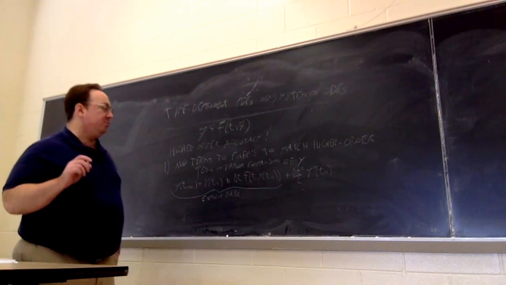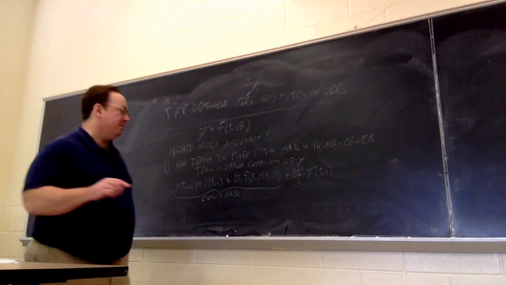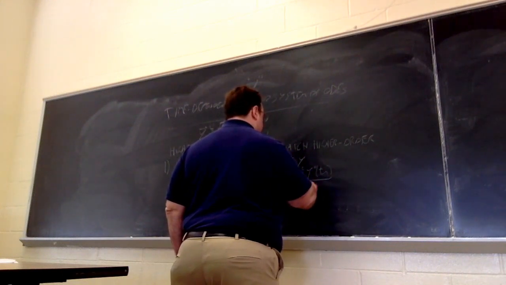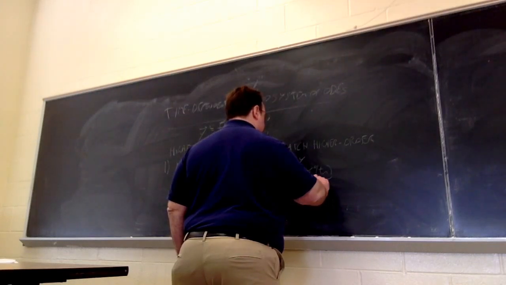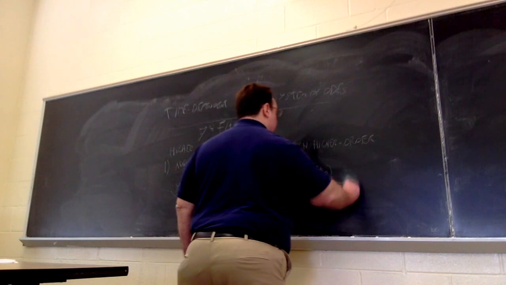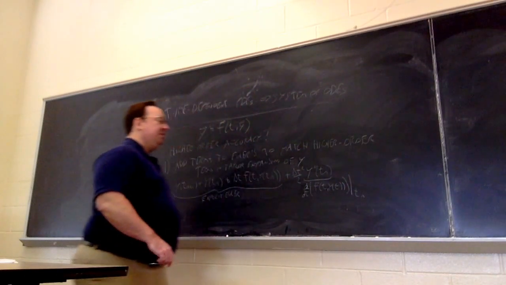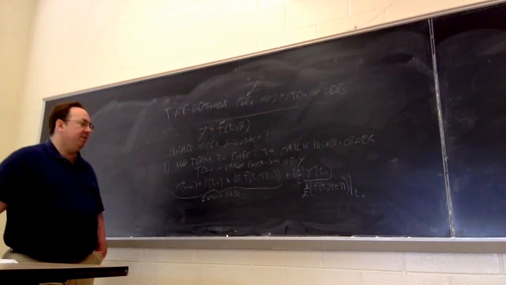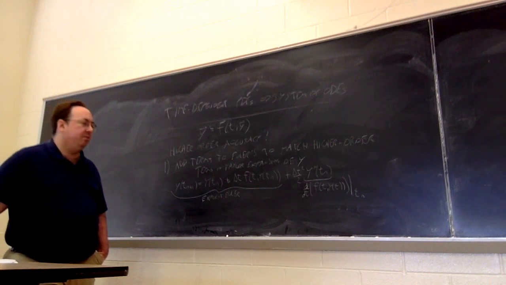But the thing is, now I need to express y double prime in terms of f. So that's the same as the derivative with respect to t of f of t, y of t, evaluated at time tn. So now what I need to do is take partial derivatives of f with respect to both of its arguments, because both of those depend on t.